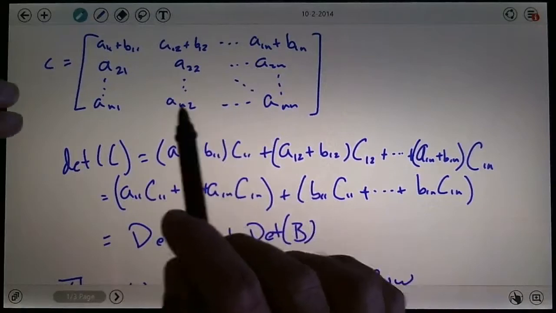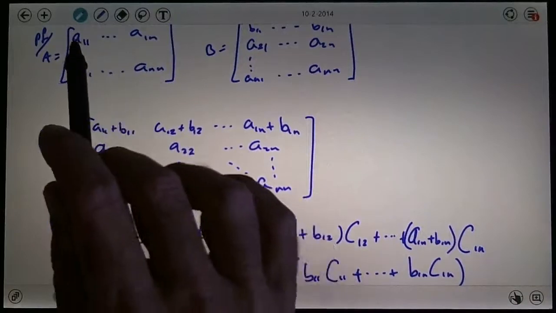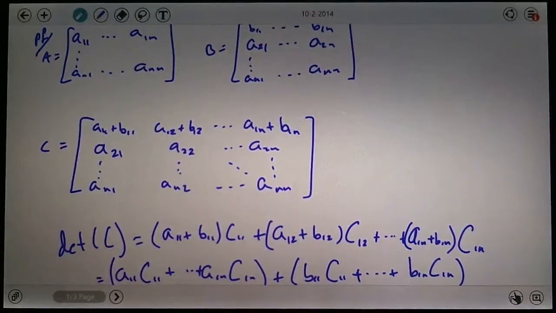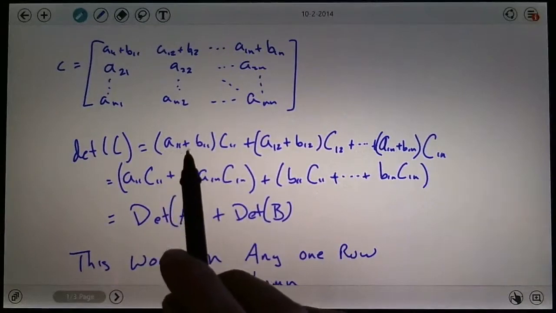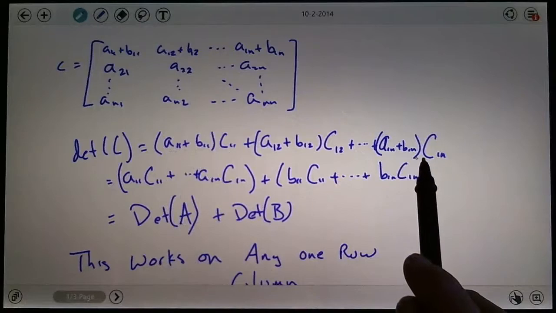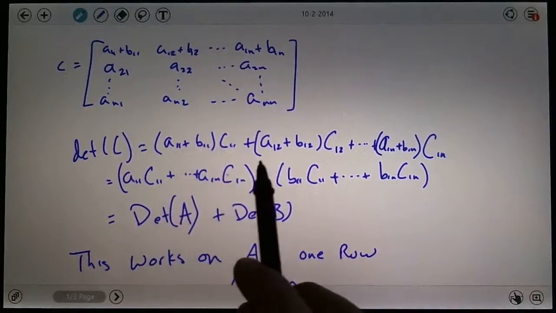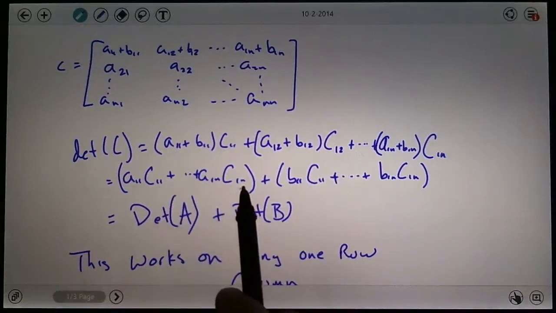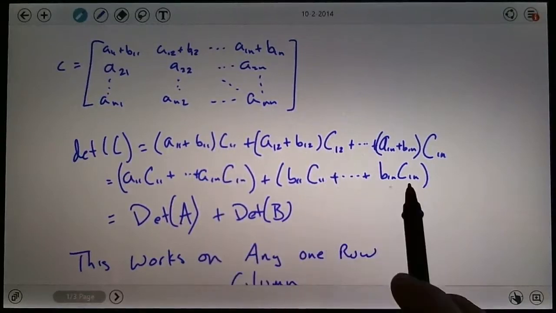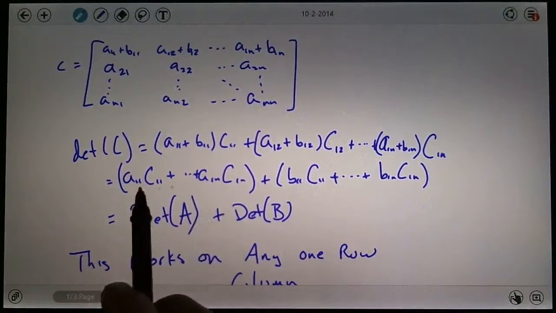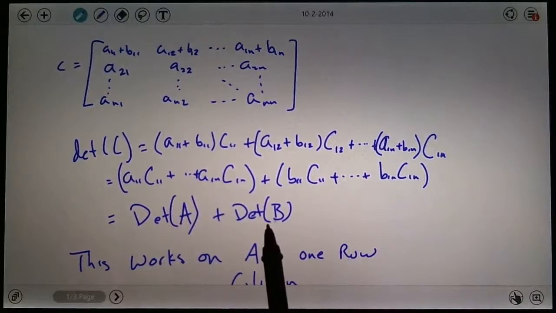And so the cofactors for C are the same as the cofactors for B or the cofactors for A, as long as you're looking at cofactors corresponding to entries in the first row. So when I look at the determinant for C, it looks like this. Then I can distribute in, and I've got A11 times C11 and A12 times C12 and so on. Likewise, there's going to be a B11 times C11 and B12 times C12 and so on. I put all those here. This is just the determinant of the matrix A up above, and this is the determinant of the matrix B.